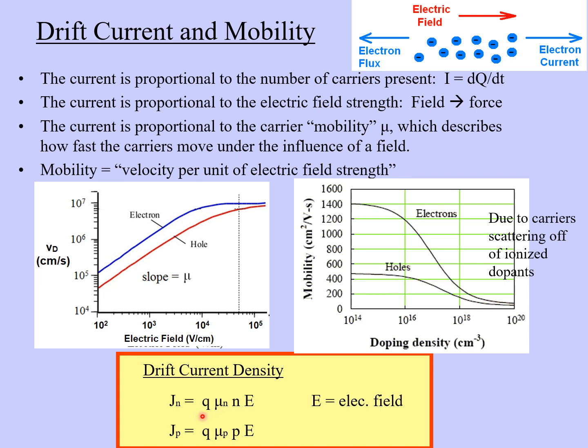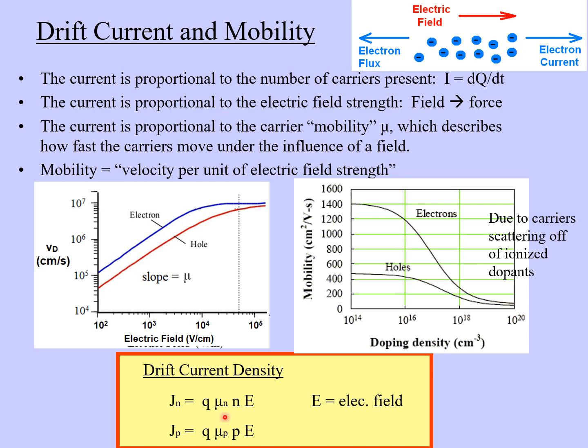And q is put in there because q multiplied times n gives us the amount of charge. q is the charge per electron. Again, remember from basic electrostatics and physics, you learned this probably a couple years ago, the charge of an electron is 1.6 times 10 to the minus 19 coulombs. So q is a constant that shows up a lot in semiconductor device physics theory.